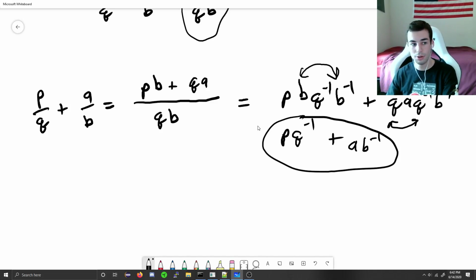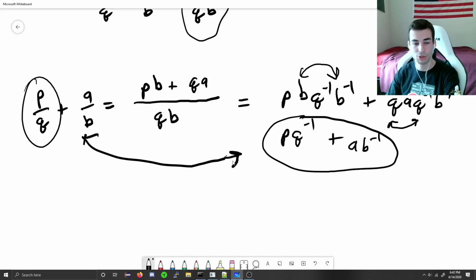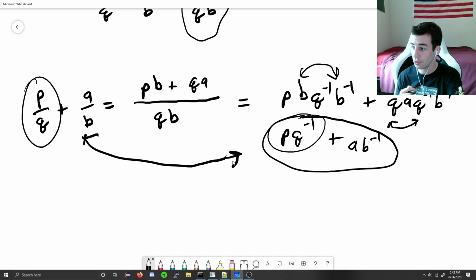And this right here is just the exact same thing as what we started with, except we ignore all of these numerators and denominators entirely and just store all of our numbers as P times Q inverse.